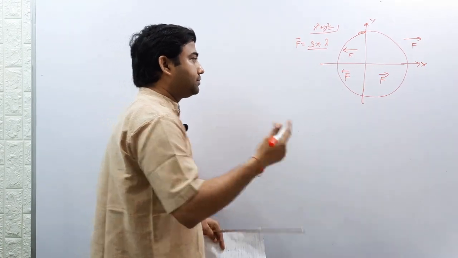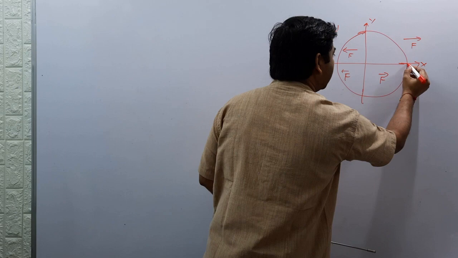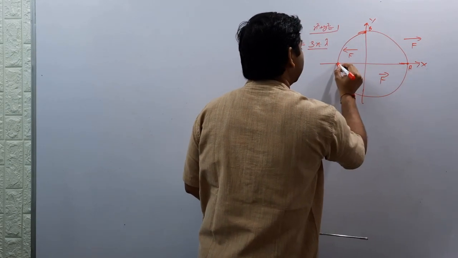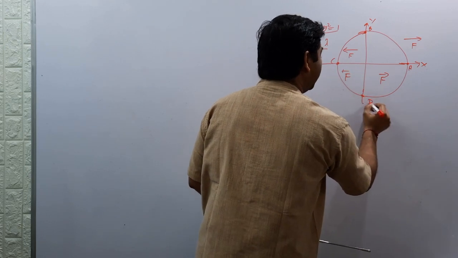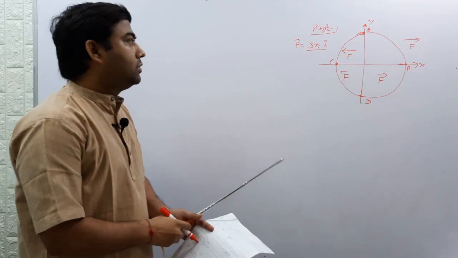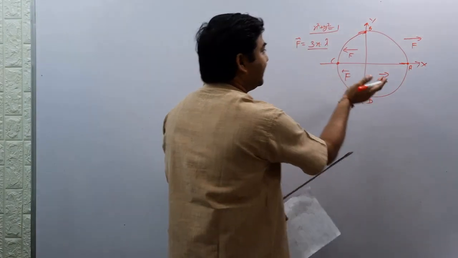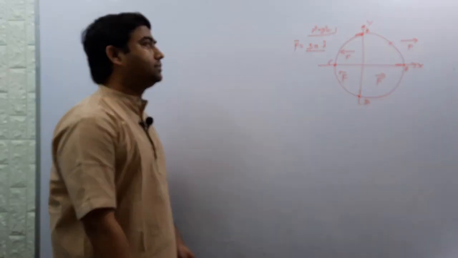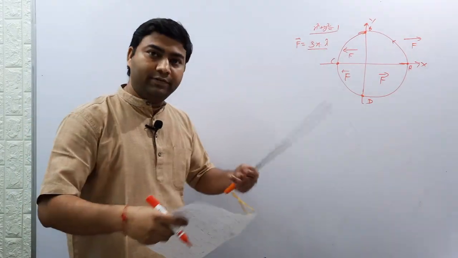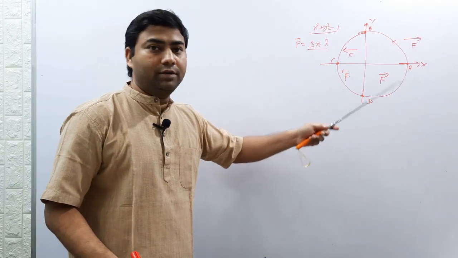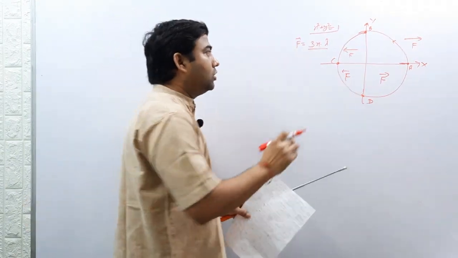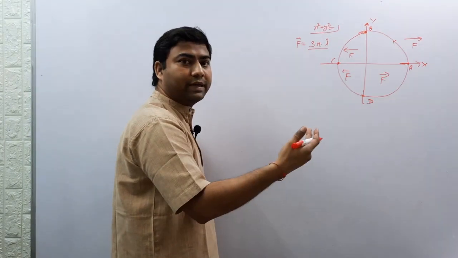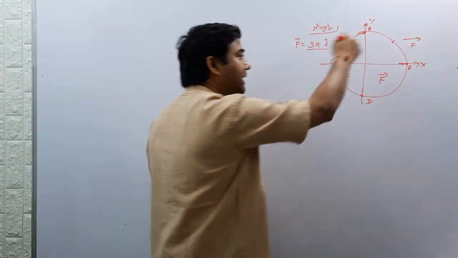So first of all, this is point A, this is point B, this is point C, and this is point D. First of all, we will find the line integration from A to B. By convention, for a closed curve, to find the displacement vector direction, the arrow is chosen in the anti-clockwise direction.